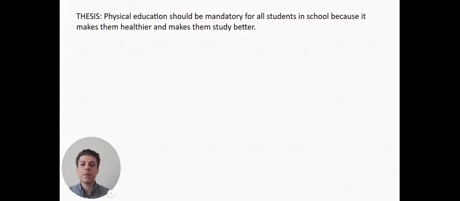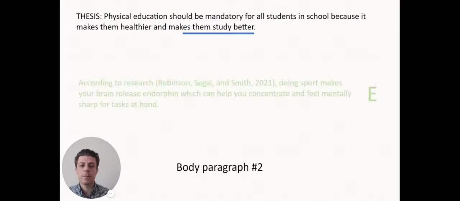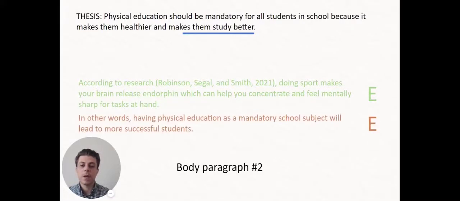Let's have another example. Again, the same thesis statement. We've done paragraph 1 about reason 1, and now let's write something about the second reason, or about paragraph 2. Now, I'm going to give you the evidence about it makes them study better, and an explanation about the evidence.